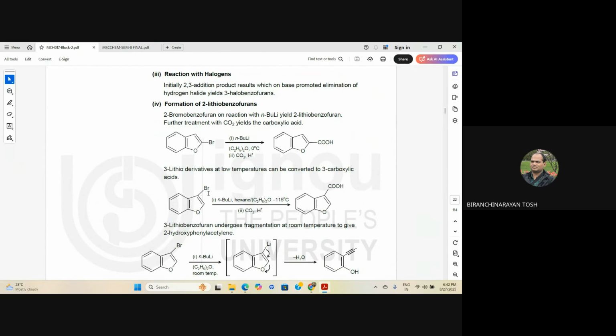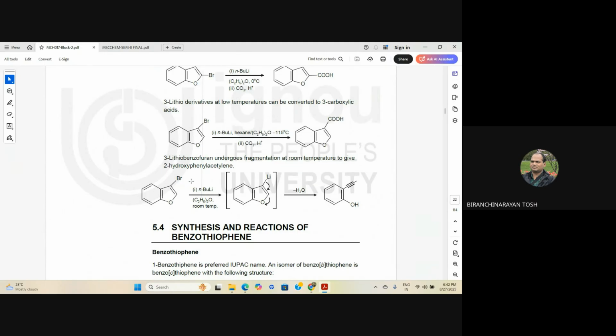Similarly, 3-bromobenzofuran reacts with butyllithium to give the 3-lithium derivative, which can be converted to 3-carboxylic acid upon reaction with carbon dioxide.